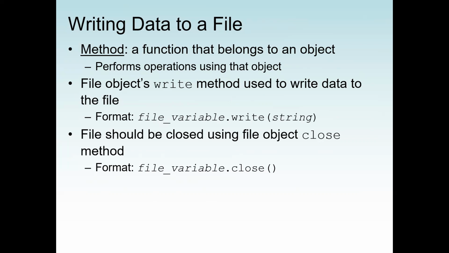If we create an object of that type, all the methods in that class can be used, but we always have to start with the object name first, then the method we want to use. A file should be closed using the file object's close method. This is the format: file variable dot close.